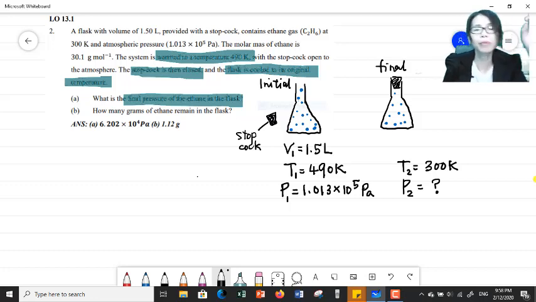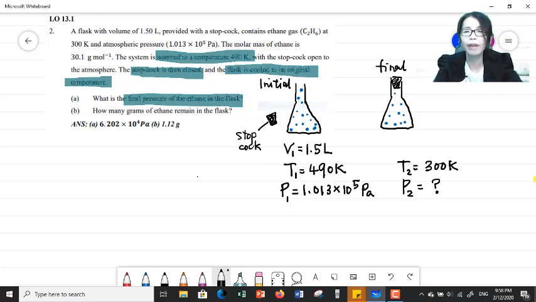If we recall, we have three gas laws: Boyle's law, Charles' law, and the pressure law. Which law are we going to apply to solve this question? We have to identify which variable is constant for this process.